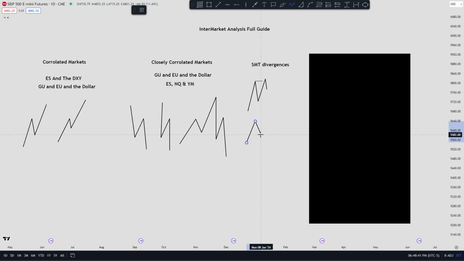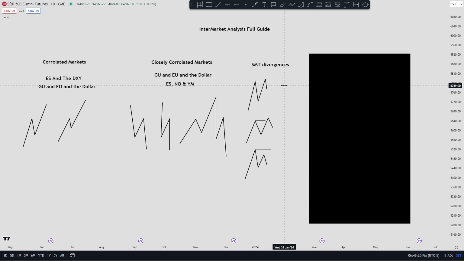Nasdaq comes up and also takes out this high. So far, so good. But then we get to the Dow Jones here. We have that high. Dow Jones didn't take out this high. As you can see, this high is still intact. This is an SMT divergence.